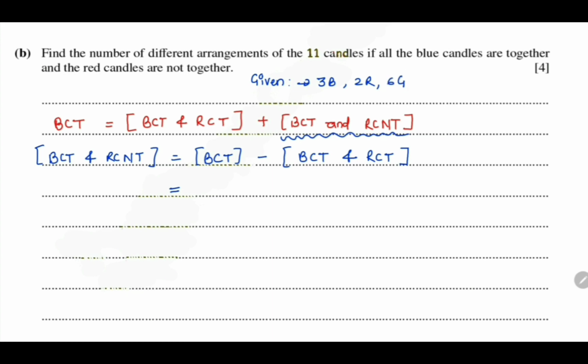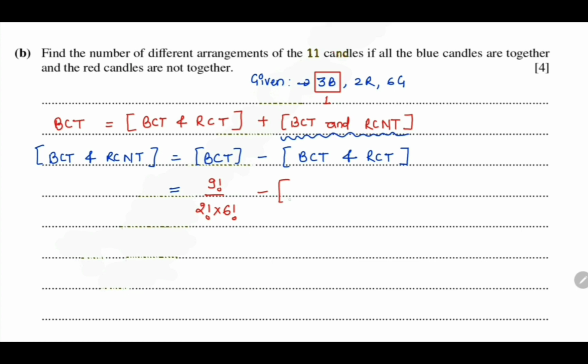So if blue candles are together, we will take it as one object, and if we take 3 blue candles as one object, we are left with 6 green plus 2 red, which is 8, and 3 blue are taken as one object, so 8 plus 1 is 9. 9 factorial divided by 2 reds are identical, so 2 factorial for red and 6 factorial for green. I have not taken 3 factorial for blue candles because I have taken them as one entity or one object.